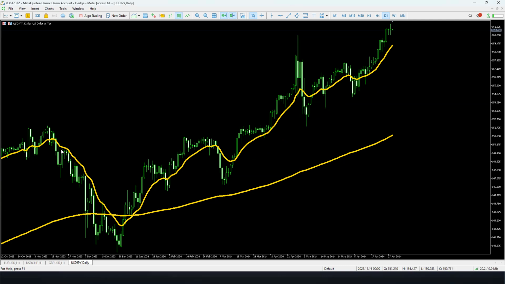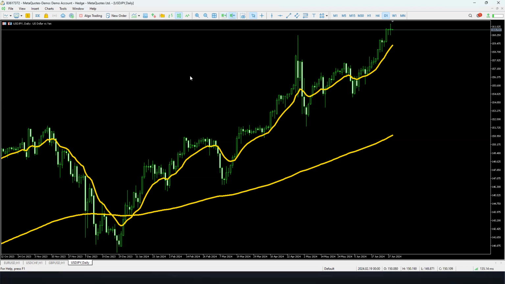The market comes down all the way to the 200, and then the market breaks 50, you start buying. The market pulls back, breaks 50 again, you start buying. Every pullback that breaks above the 50 moving average in the direction of the 200 is a buy trade. It's an opportunity for you to buy.